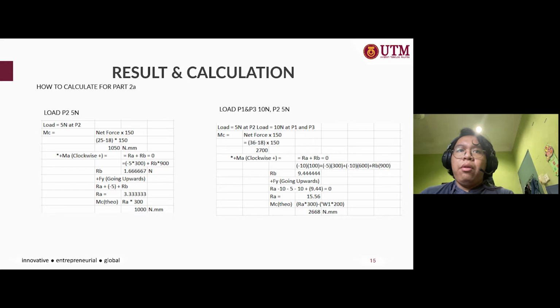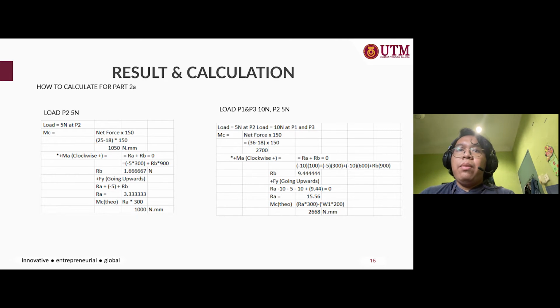Well, for when the load is 5 Newton at P2, the bending moment, as we know, calculated from before, is still the same. So it's just 25 minus 18 times 150. So we will be getting 1050 Newton millimeter.